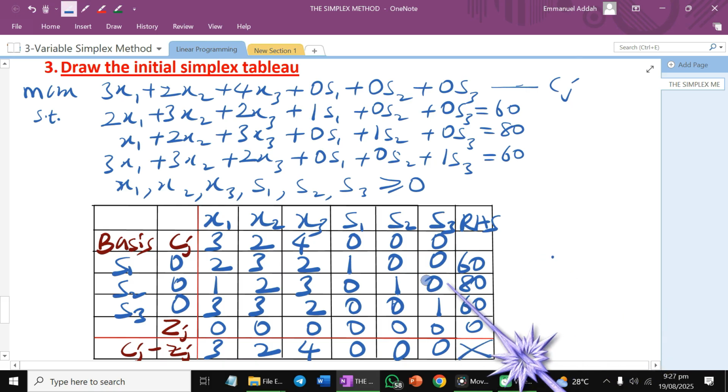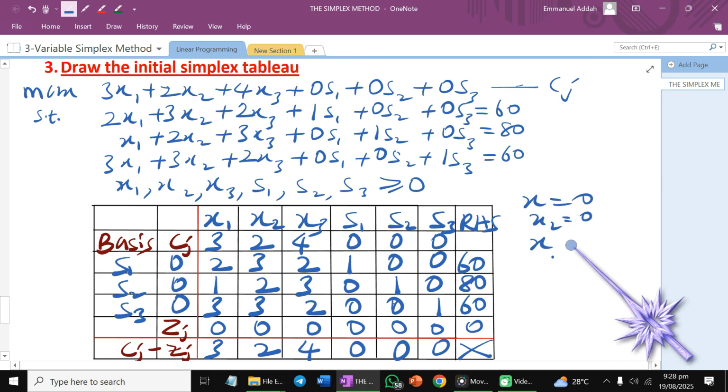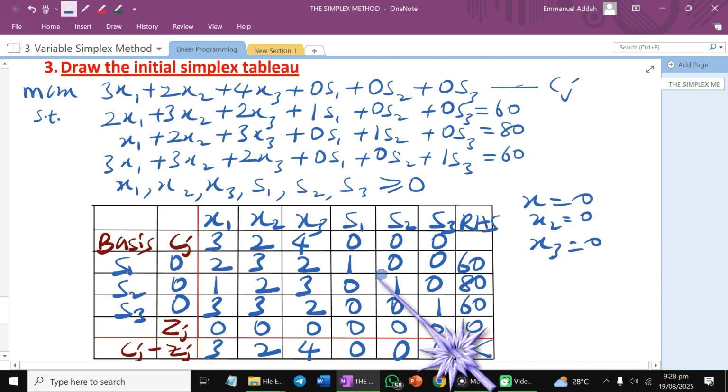That's it. At the initial simplex tableau, the values of our decision variables are 0. X1 is equal to 0, X2 is equal to 0, and X3 is equal to 0 at this point.